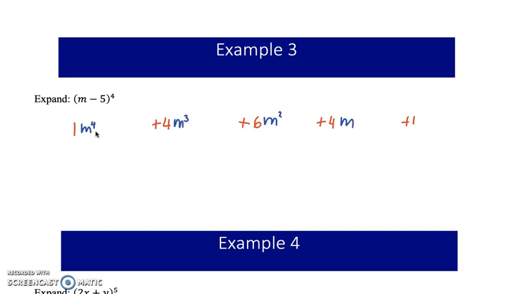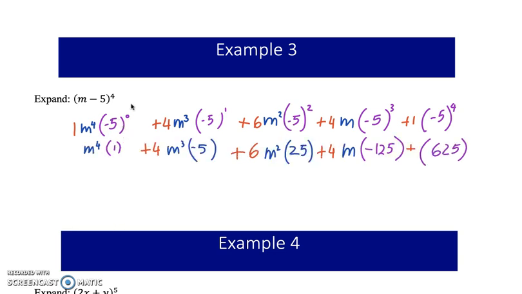Then I write my first term with decreasing powers, 4, 3, 2, 1, and 0. And then I write my second term, 5, with increasing powers, 0, 1, 2, 3, 4, but I make sure that I include the negative sign.